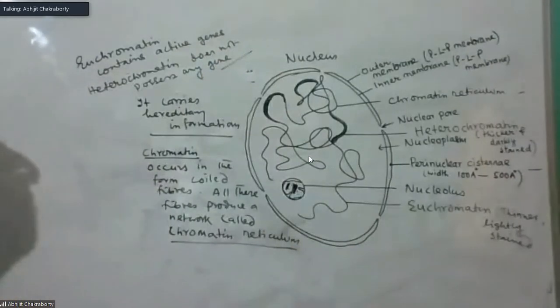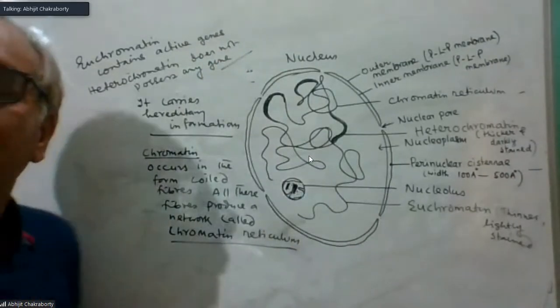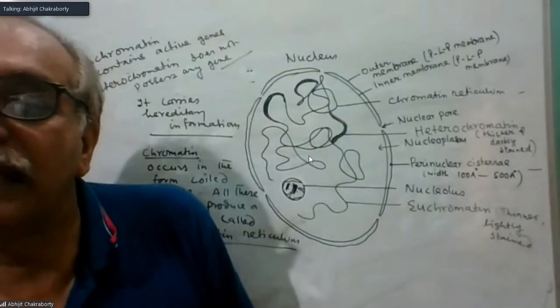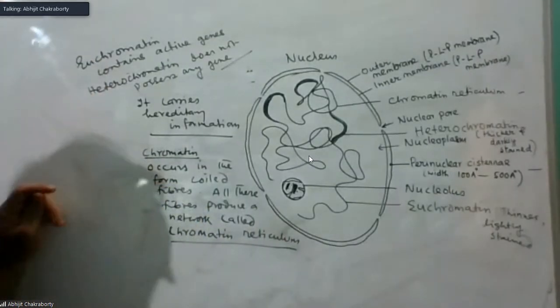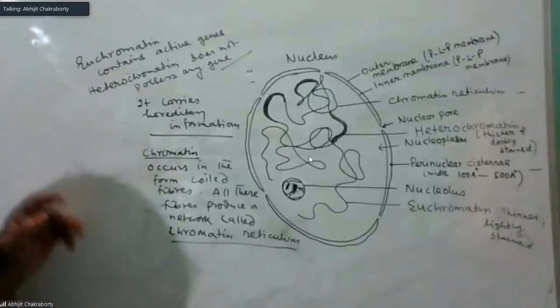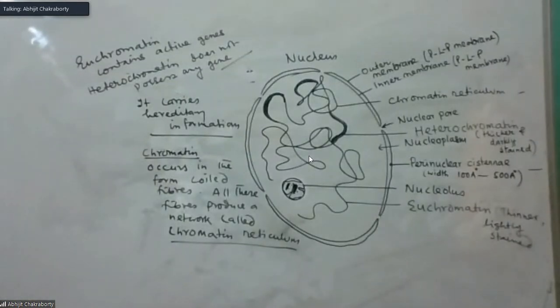So you will not get any gene in the heterochromatin region. This is the most important thing. Heterochromatin is not going to carry any gene, but euchromatin carries the functional genes.